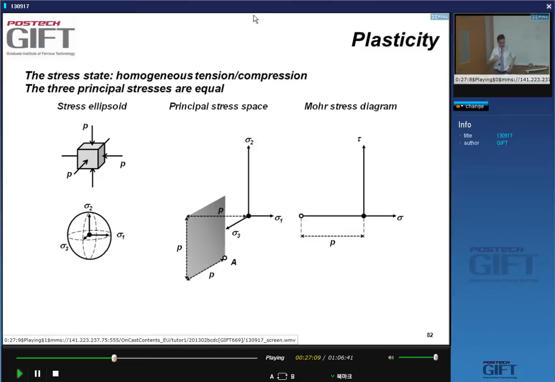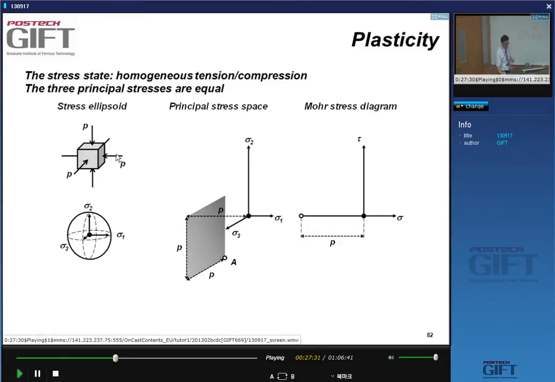Good. So let's look at the stress ellipsoid if we have homogeneous tension or compression. It means the material is compressed or under tension in 3 directions, and the stress or the pressure is the same.